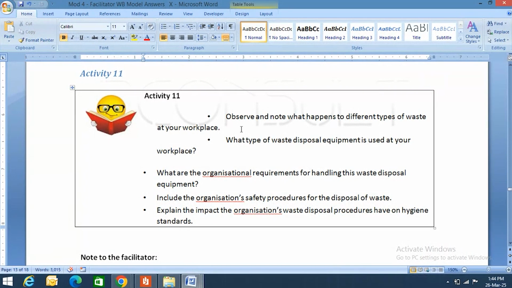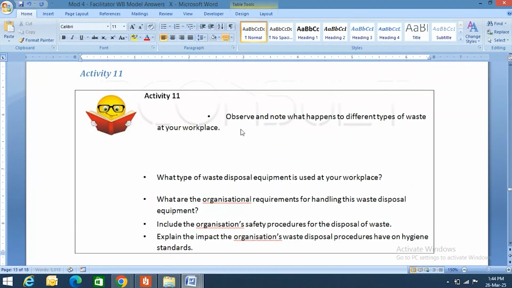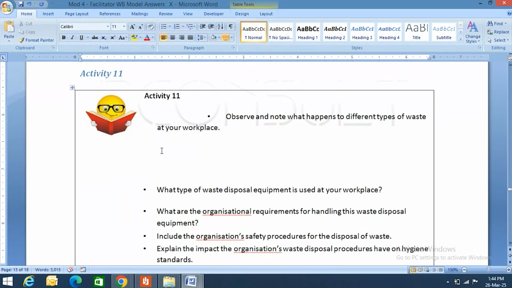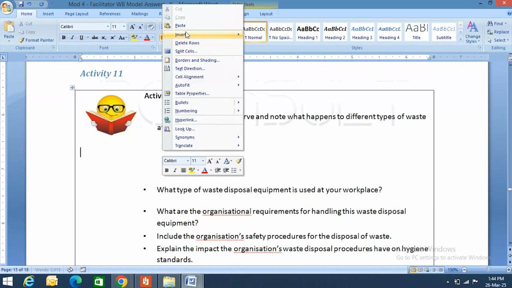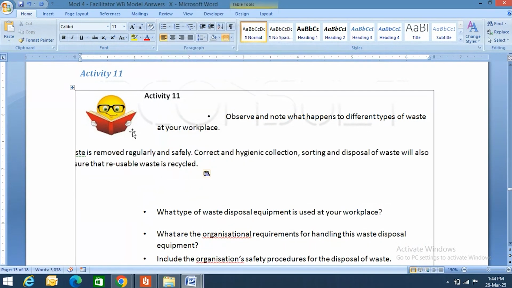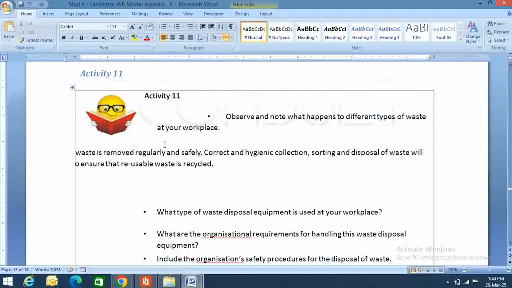For the first dot, observe and note, you're going to write, I'm writing here for you: Waste is removed regularly and safely.